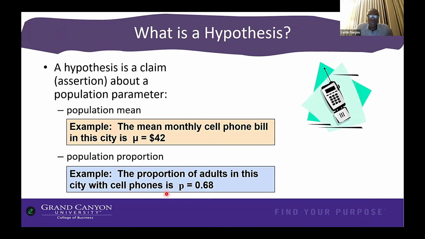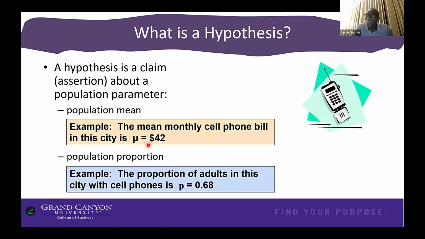So here's a good example. The mean monthly cell phone bill in this city is $42. When you hear "is," this represents a two-tailed test. This is the claim, this is the statement. Now think about this from a rational perspective. Is a monthly cell phone bill $42?